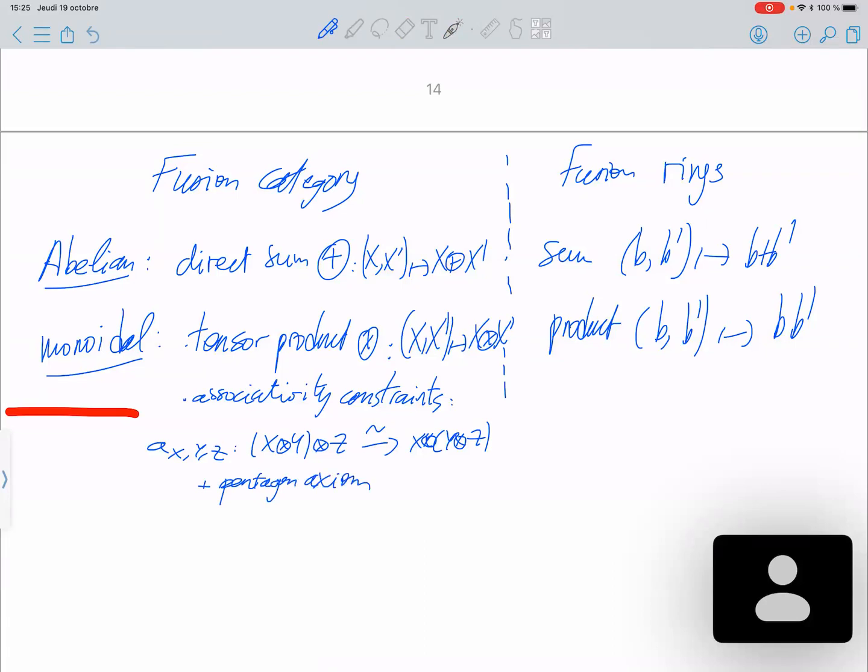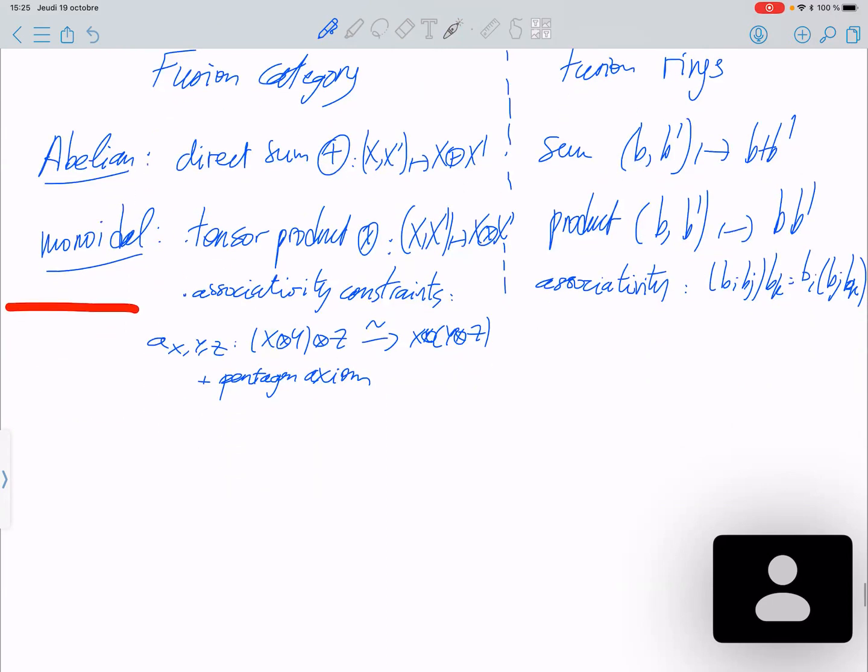So this corresponds to the usual associativity in the fusion ring. So (b_i b_j) b_k equals b_i (b_j b_k). Okay.